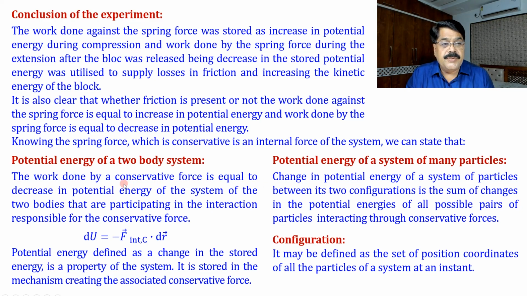For a two particle system, potential energy is fundamentally defined as a change: the work done by conservative forces between the particles will be equal to the decrease in potential energy, or you can say the negative of the work done by that conservative force will be equal to the increase in potential energy, and that potential energy will be stored in the conservative force creating mechanism, not in either of the bodies. And here the same idea is extended to a many particle system.